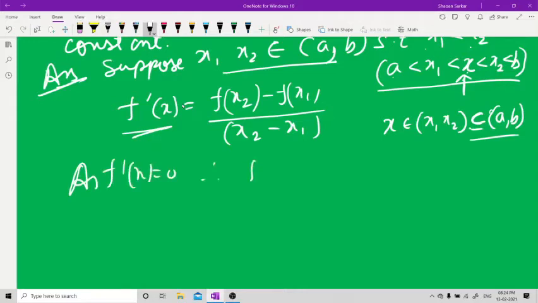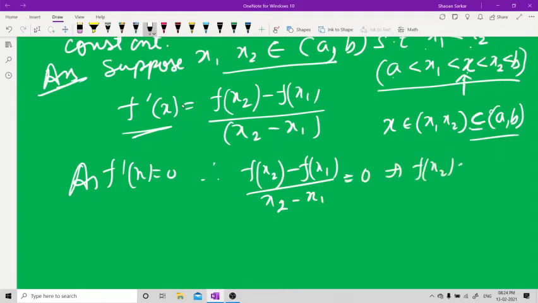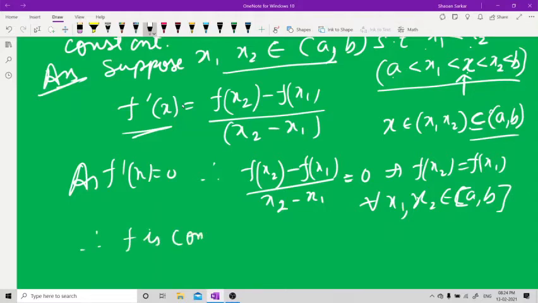Therefore, (f(x2) minus f(x1)) upon (x2 minus x1) is 0, which implies f(x2) equals f(x1) for all x1, x2 belonging to (a, b). So f is constant, therefore f is constant.